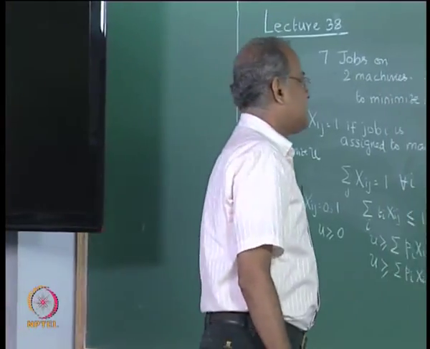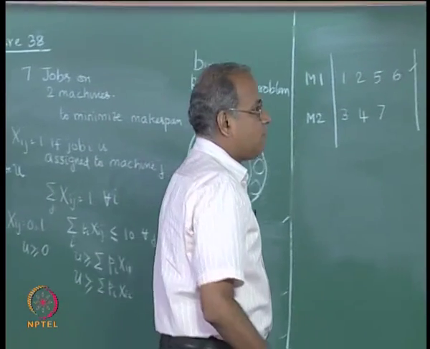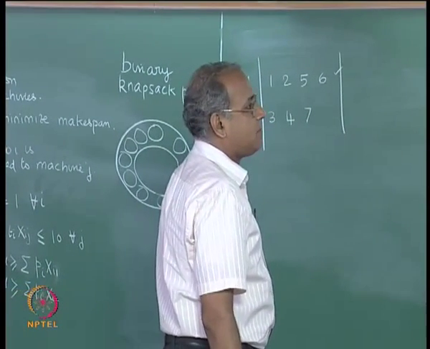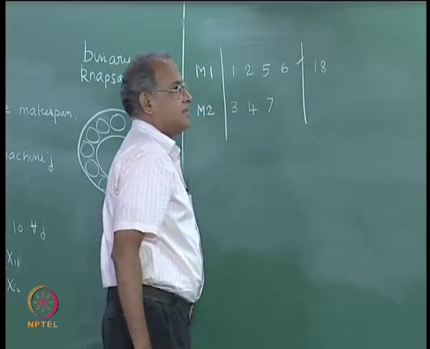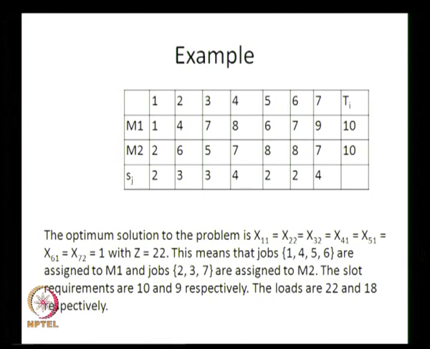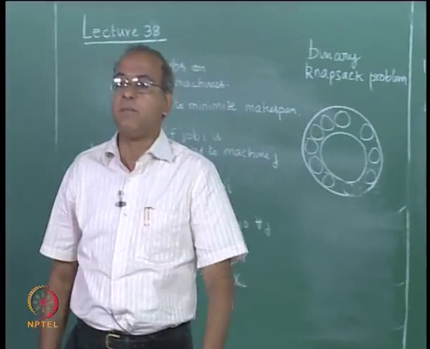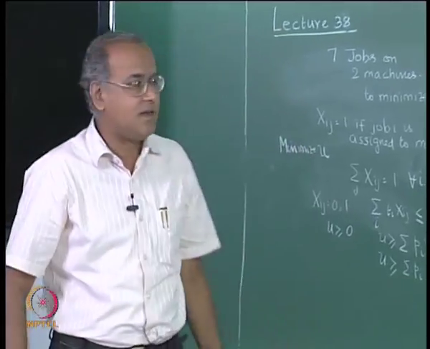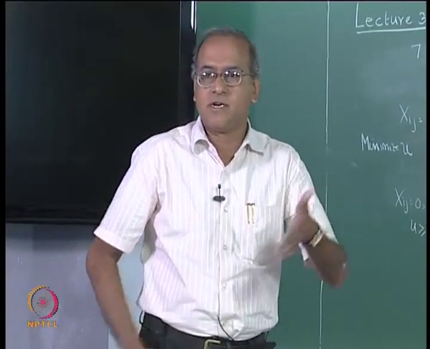But let us just simply add the processing times to see where we are. So, 1, 2, 5 and 6 is 1 plus 4 is 5, plus 6 is 11, plus 7 is 18, and 3, 4 and 7 is 5 plus 7 is 12, plus 7 is 19. If this were implementable, then the load balance happens and at time equal to 19 all the 7 jobs are out.